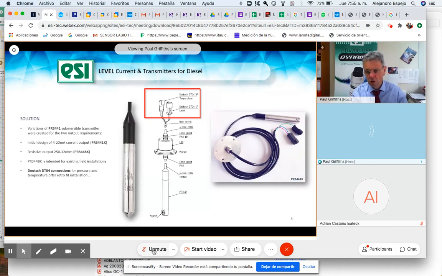We can use tubes. We can use brackets. Different ways. Each one would have to be evaluated. Really, we'd have to understand the application and make recommendations. But as you can see, there are lots of things we can do to make variations of the submersible product. We do quite a few different types overall.